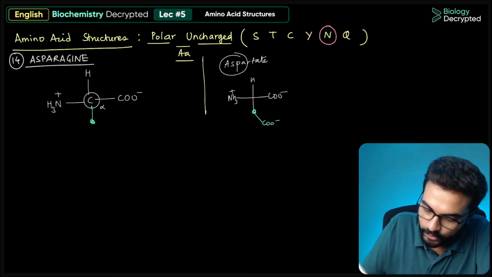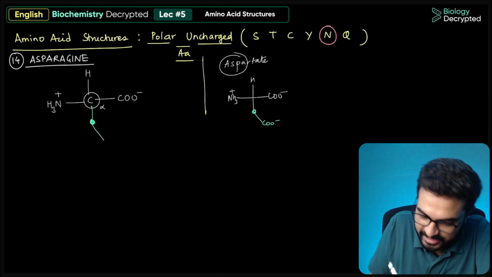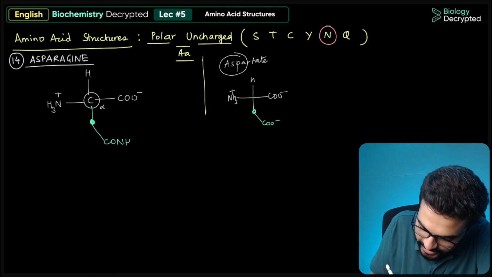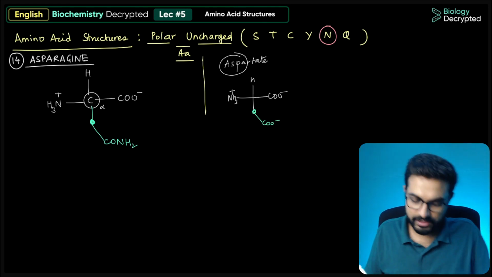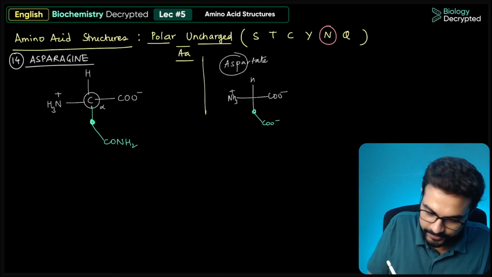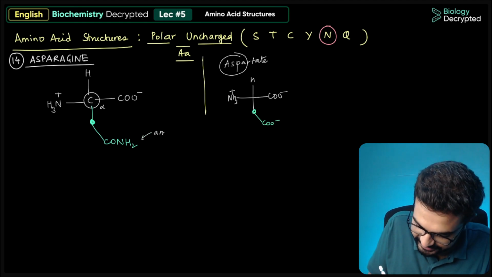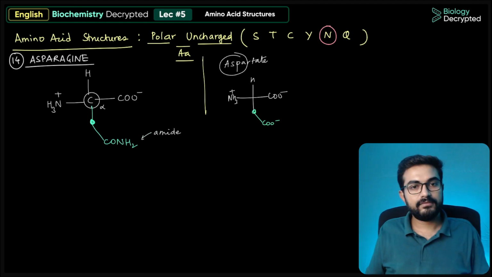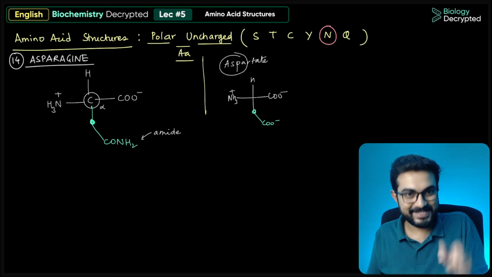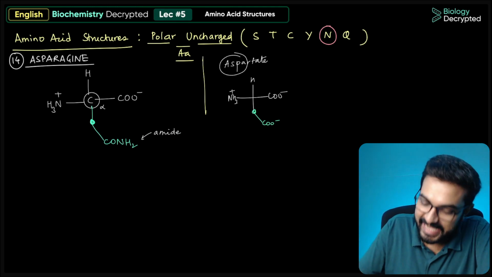So let me draw the structure. If there is a carbon here and CONH2 here, obviously this is an amide group. So this is the amide of aspartate. It is called asparagine.